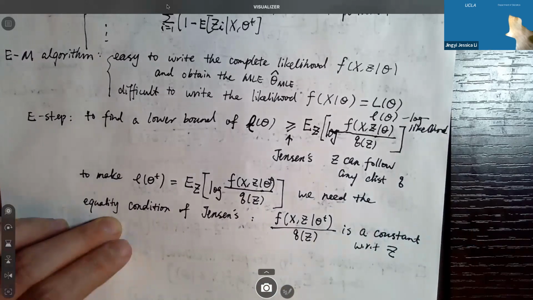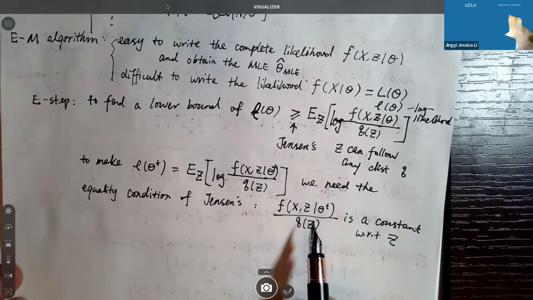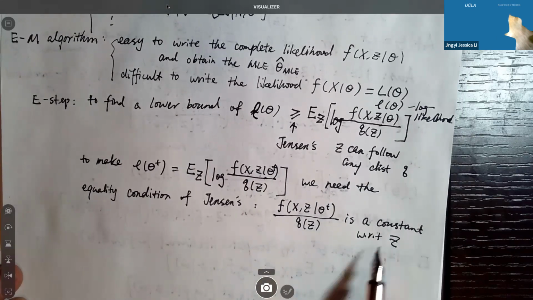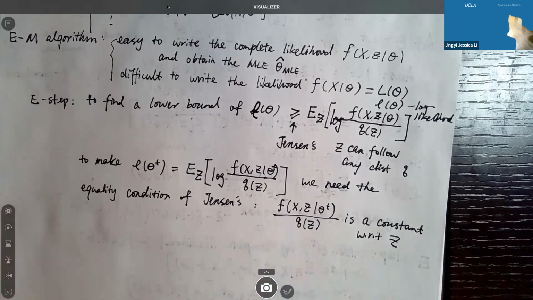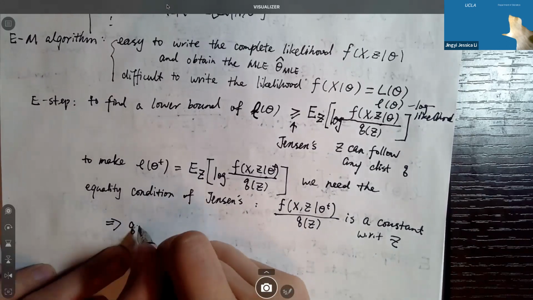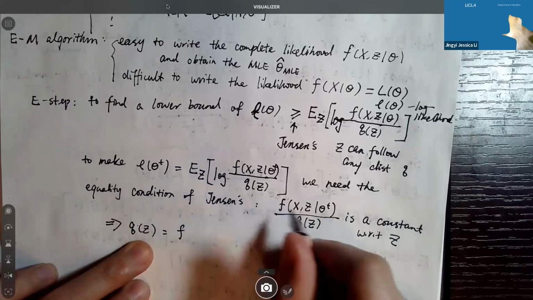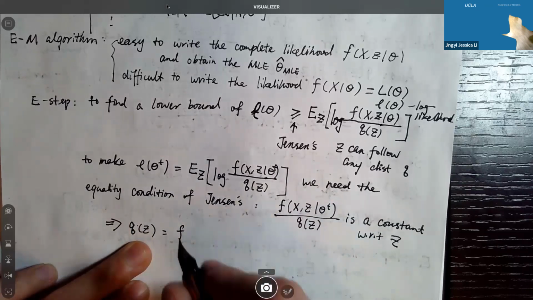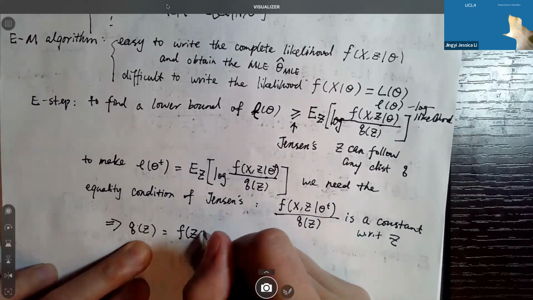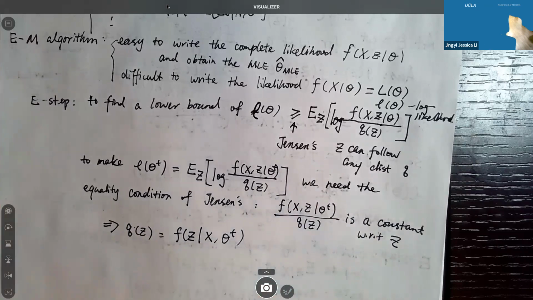In other words, the randomness of z will not affect this term. No matter what value z takes, this term will stay constant. Then we can show that q(z), given this joint distribution of x and z, is basically the conditional distribution of z given x and the current value theta t.